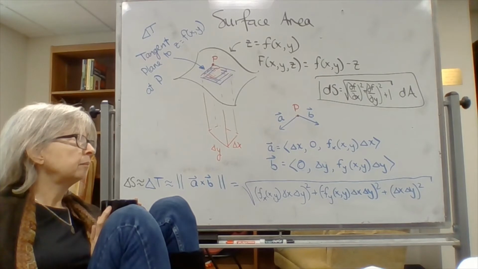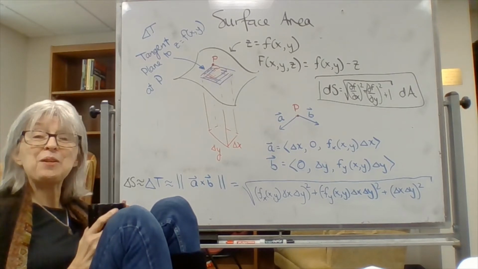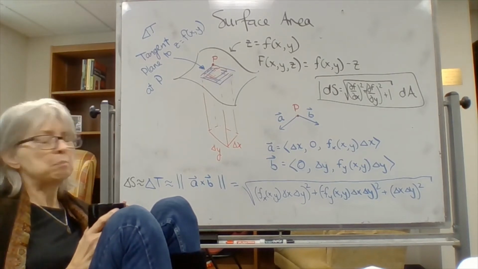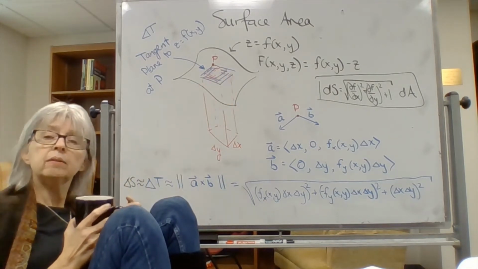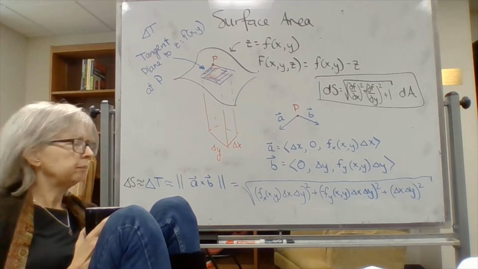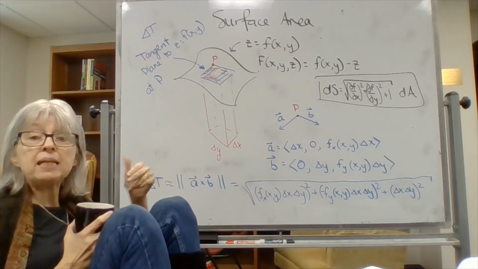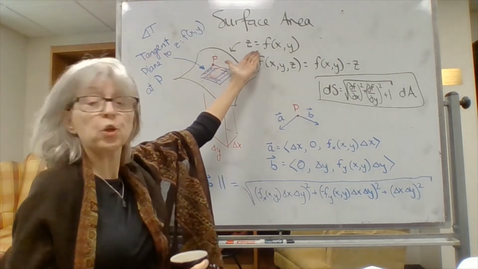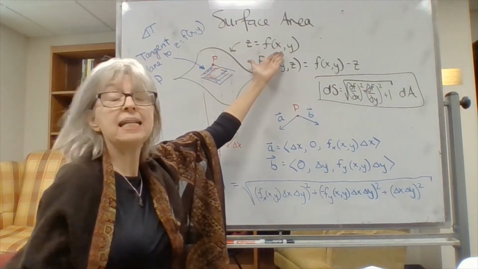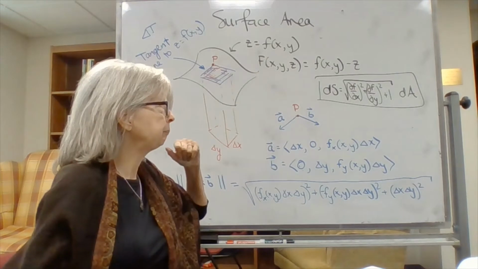Well, up here, I have a very busy board again for you. Here is a swath, a swatch, a chunk, a snipped out piece of a three-dimensional surface. My three-dimensional surface is given to me as z equals f of x, y.